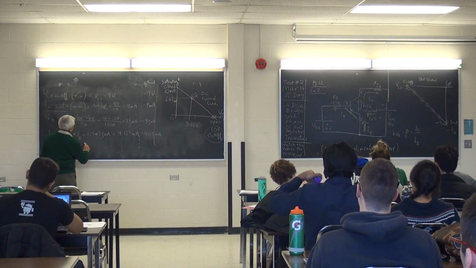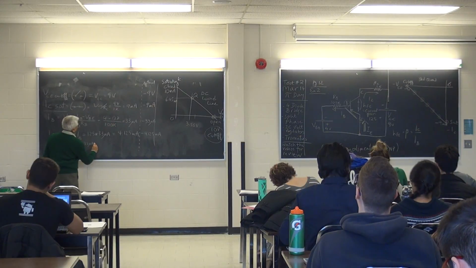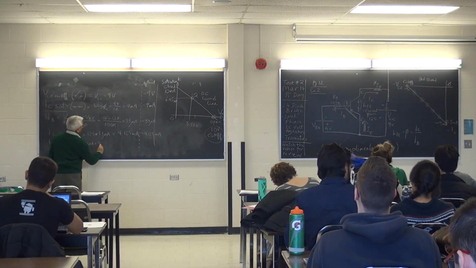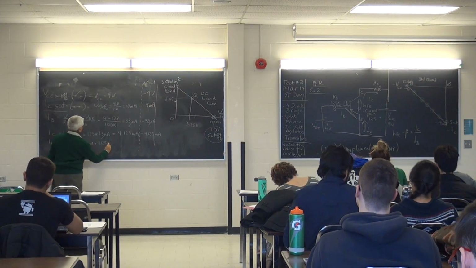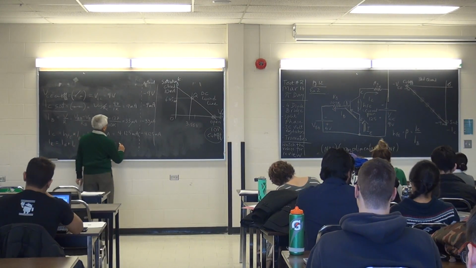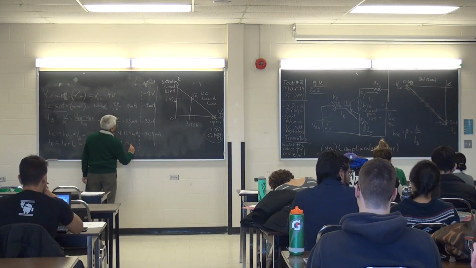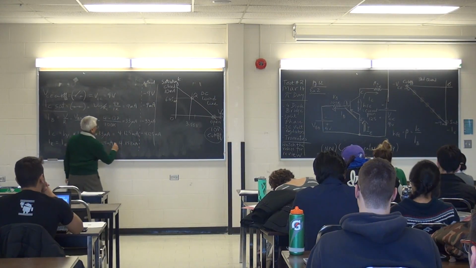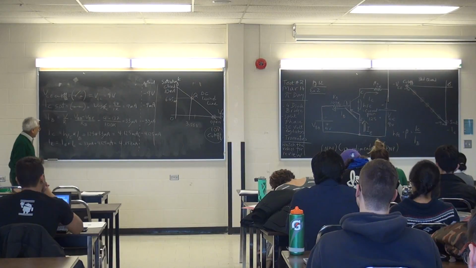So that's 333 microamps plus 4.125 milliamps. How much? 4.158 milliamps. Not a big difference between IC and IE.